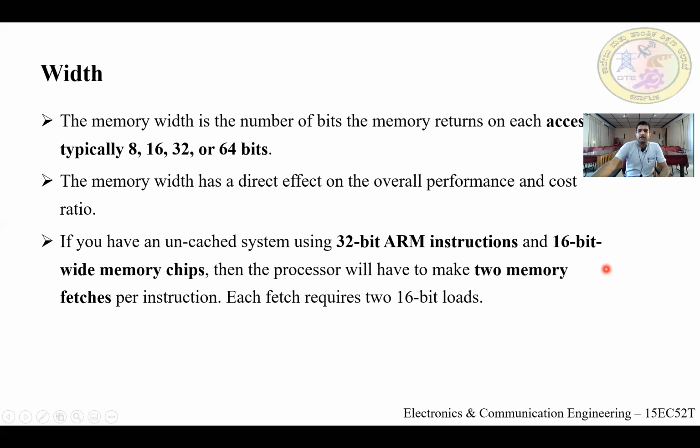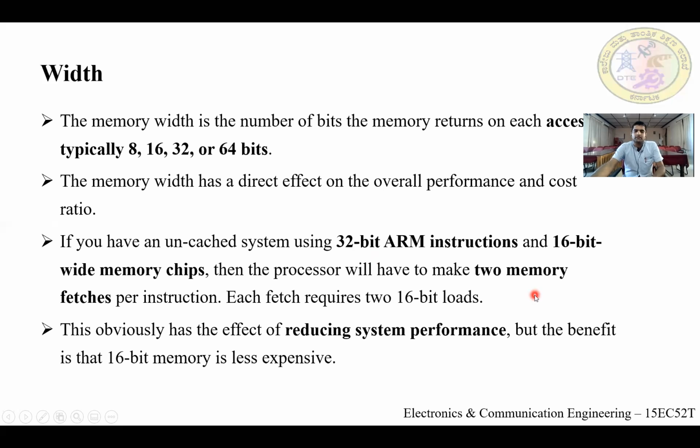In the next, the lower word will come. So if a 32-bit ARM instruction is there and you are using 16-bit memory chips, then we need two accesses, two cycles, to fetch a 32-bit instruction.